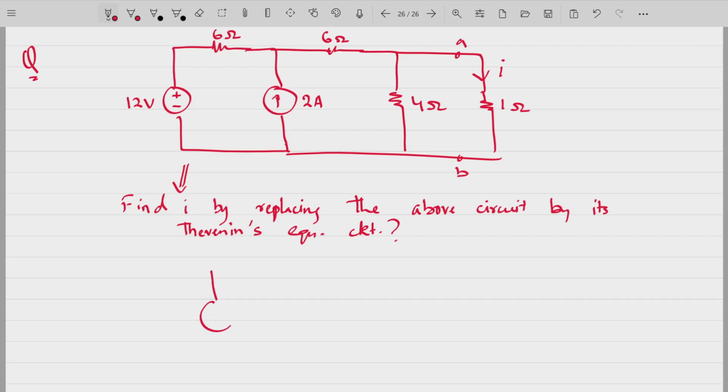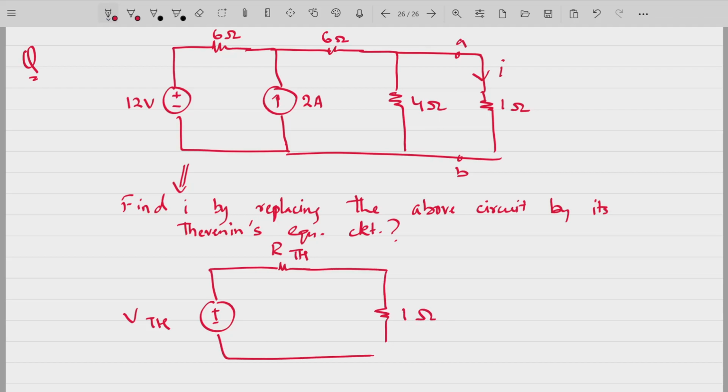So you will find out this circuit. You will have VTH. Yes, the load resistance is given here, that is 1 ohm. Now there is no variable here, it is fixed 1 ohm, but you have to find out the current by providing its Thevenin's equivalent circuit. So you have to tell me the values of VTH and RTH. That is it.